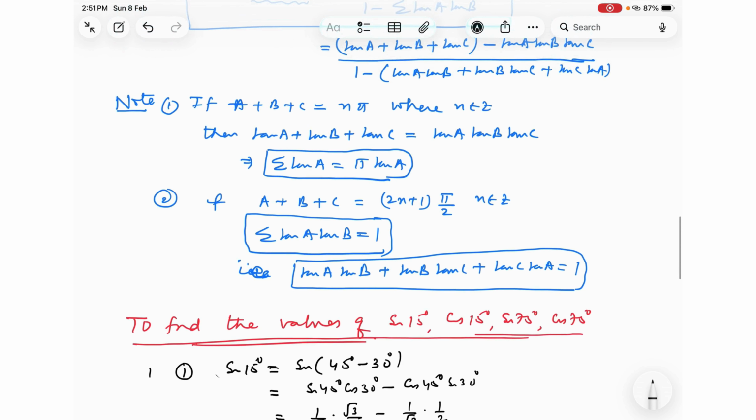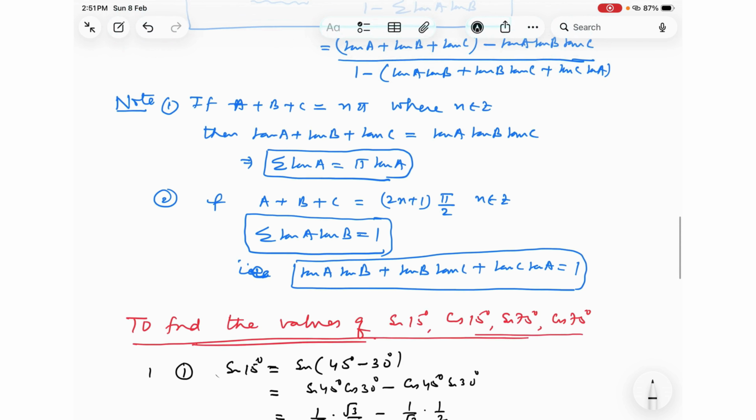Now result 5 is, what is the value of tan 45 degrees plus A? Tan 45 degrees plus A. It is 1 plus tan A by 1 minus tan A. Tan 45 degrees plus A.